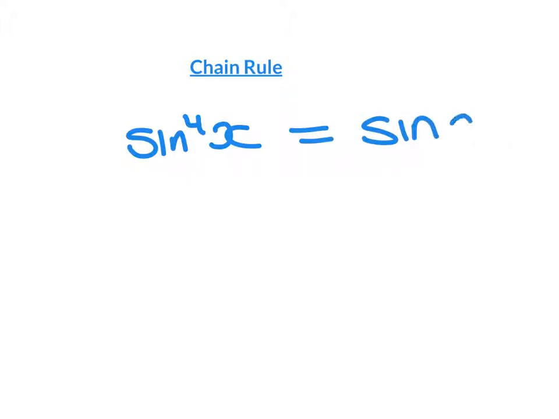Okay, this is the second lesson on the chain rule, which is when we're differentiating a composite function. Just a couple of things to remember before we start. When I see something like sine to the power of 4 of x, that is not the same as sine x to the power of 4.